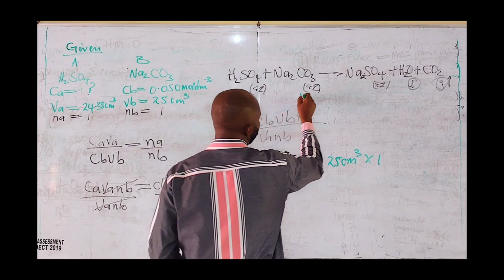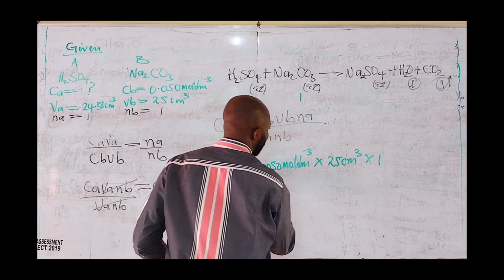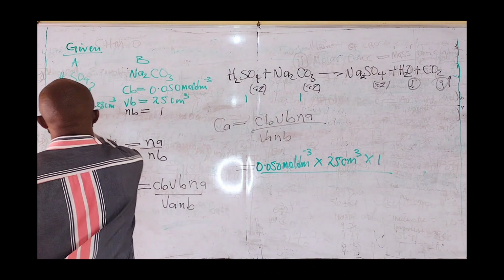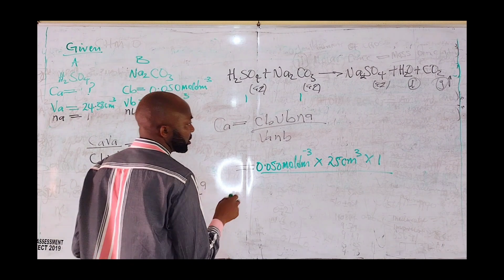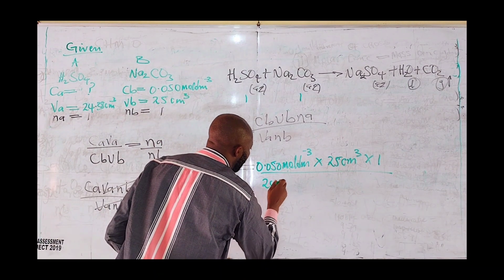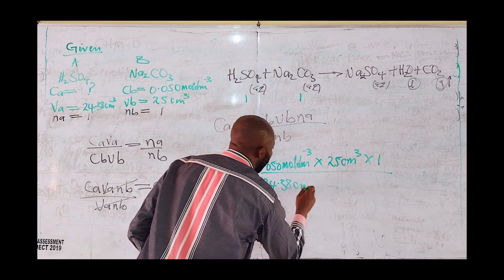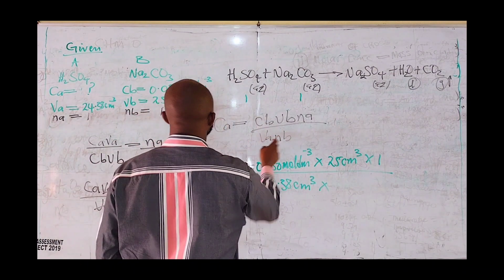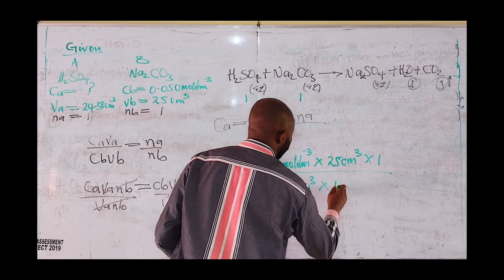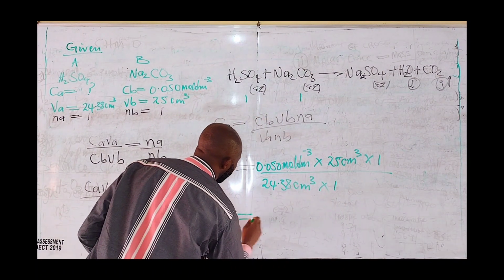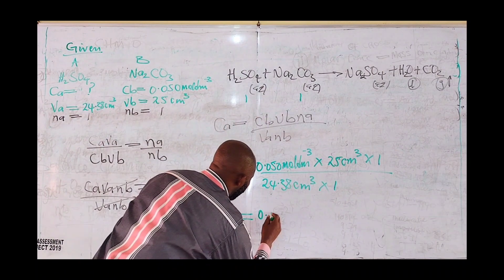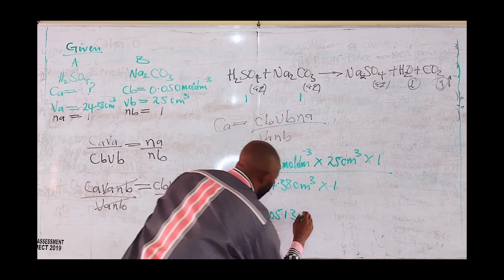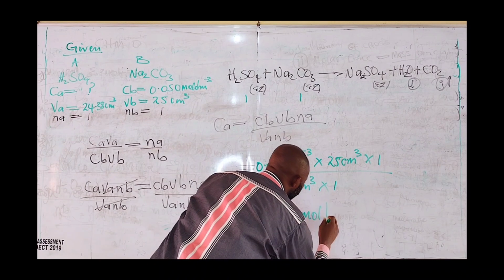This is 1, this is 1, all of them 1. This is all over, what is the volume of the acid, which is 24.38 cm3, times, what is the number of moles of the base, which is 1. So this is equal to 0.0513 mole per dm cube.